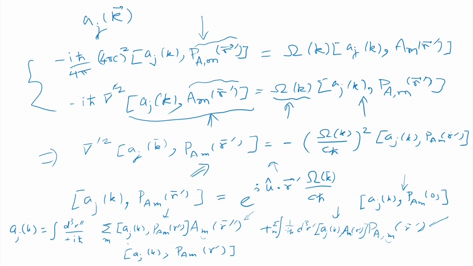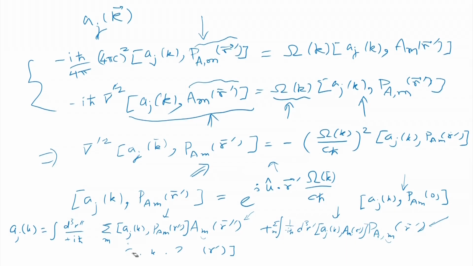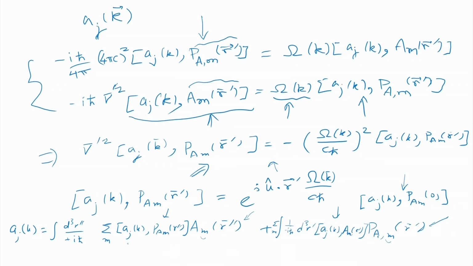So this is just a way of representing the knowledge that A is linear in the vector potential and its conjugate, and that the vector potential and its conjugate obey canonical commutation rules. Once you have understood that, we can use this idea to pin down the quantities we do not know about, namely the nature of this unit vector u and the energy and so on.